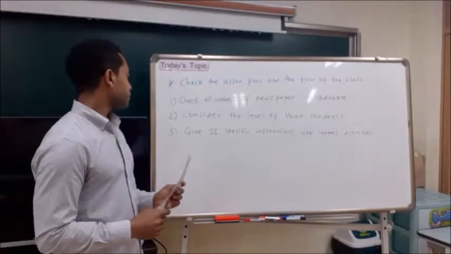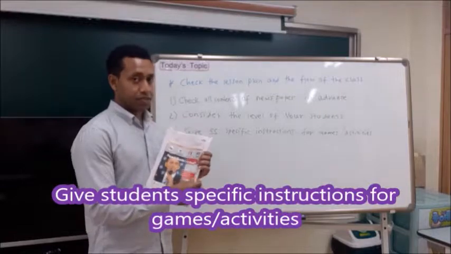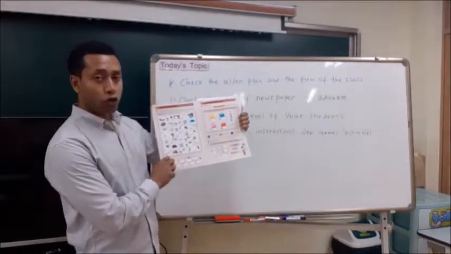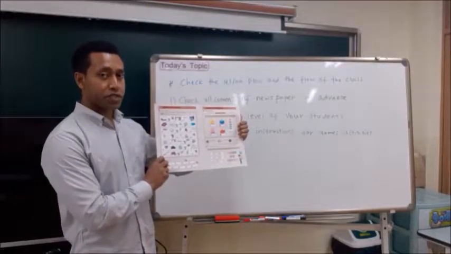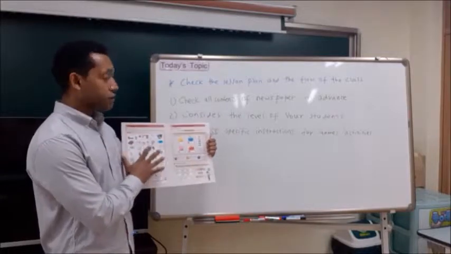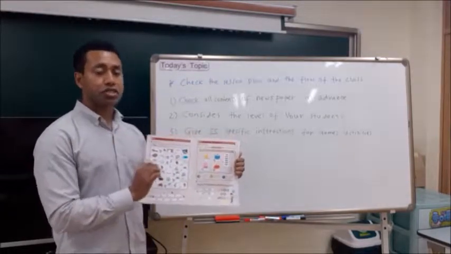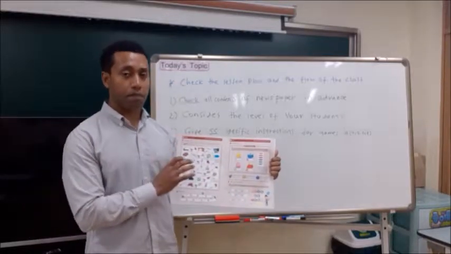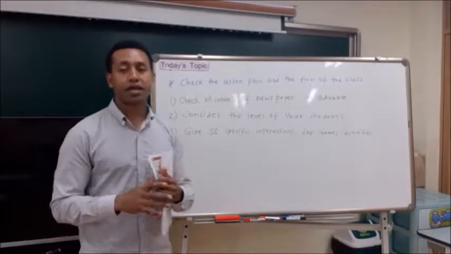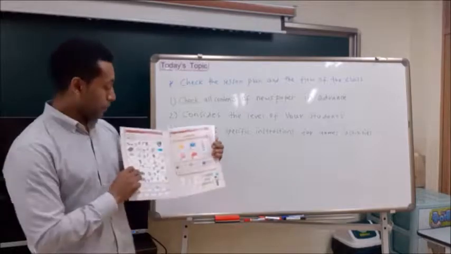Number 3, when you play the games, for example, on page 2 of the Unicorn 1 newspaper, you have to give them specific instructions and rules of the game. Otherwise, the students are going to fight and the class is going to be messy. You cannot control them.